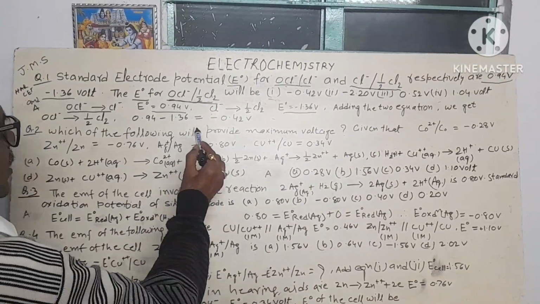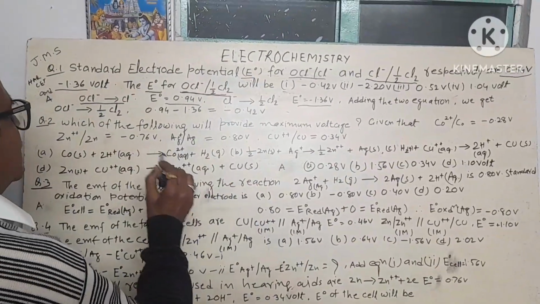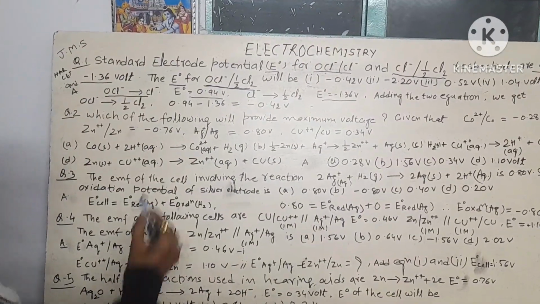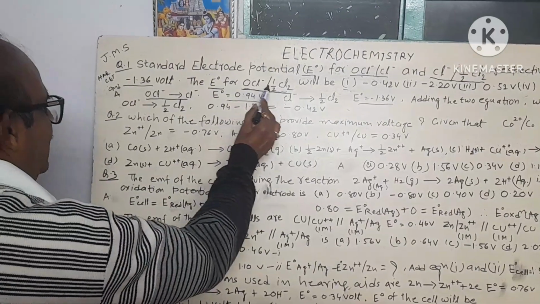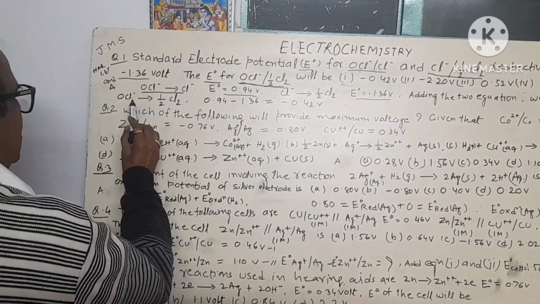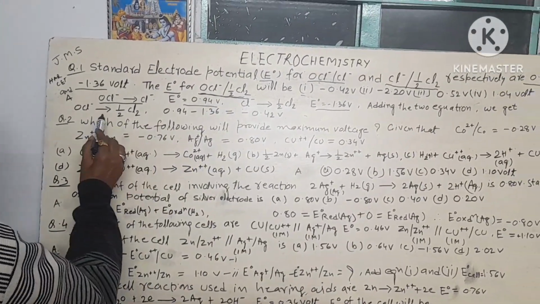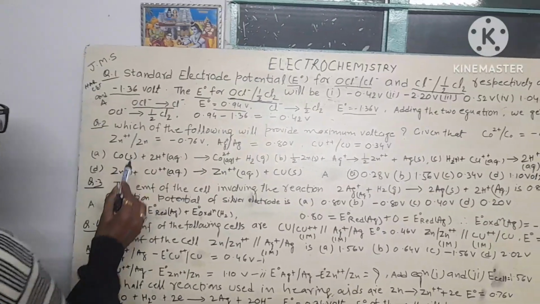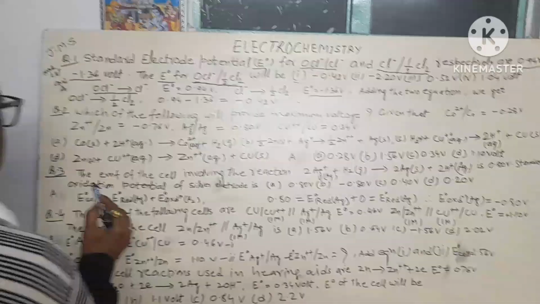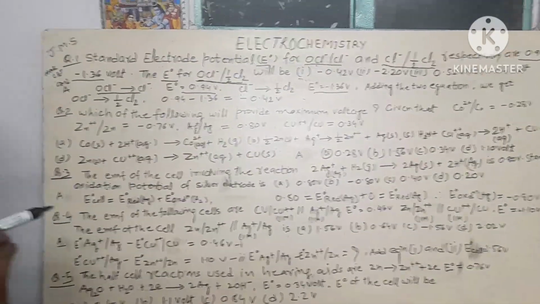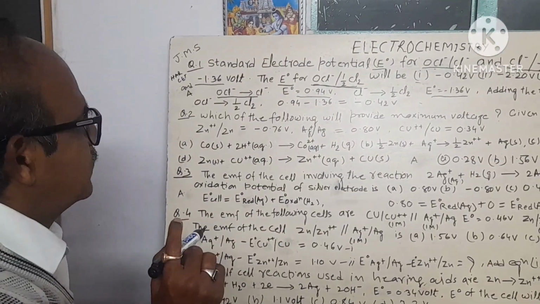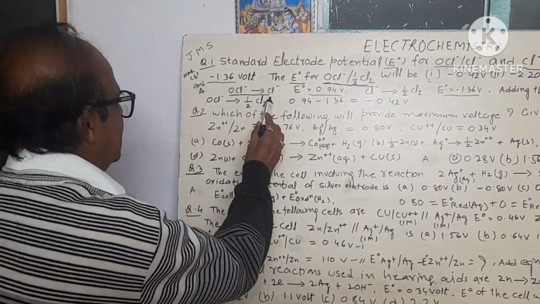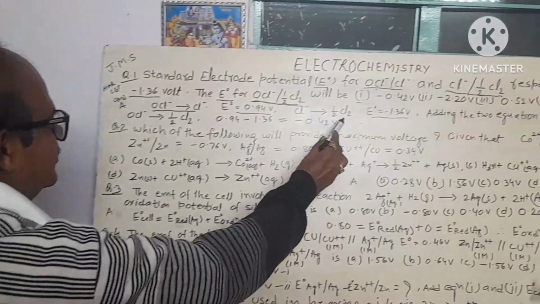What you have to calculate is this. Only this will remain, OCl minus, and Cl minus is cancelled. Here you can see that two reactions were there, two equations were there. The first equation was this, the second equation is this.